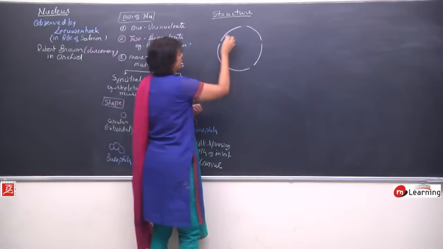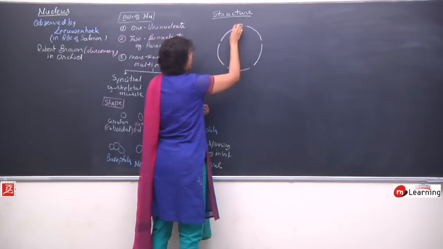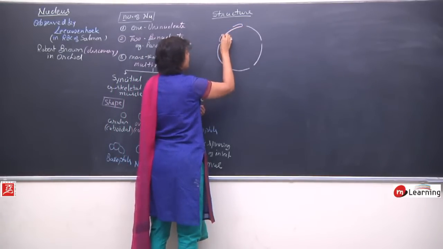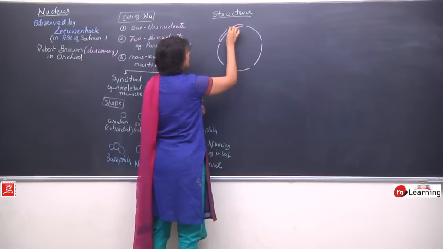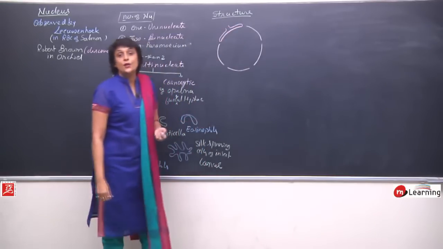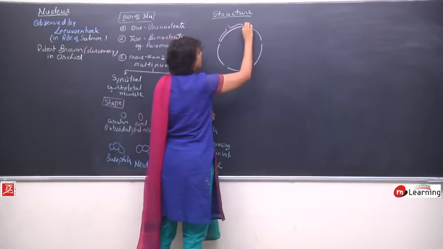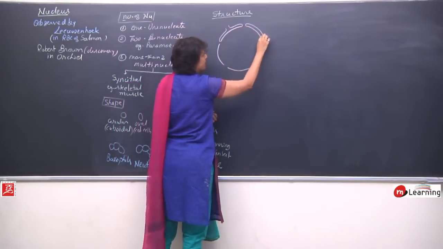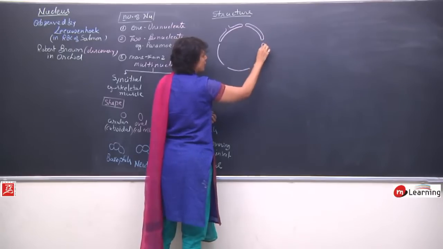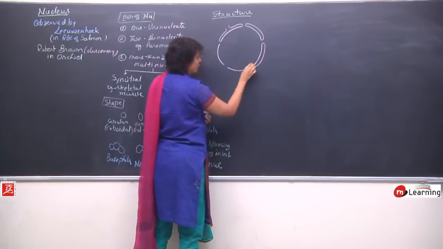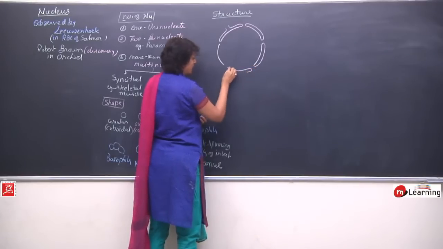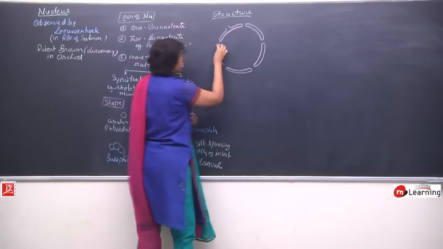And at some places we find that this nuclear membrane is in continuation with endoplasmic reticulum. We may not find this connection everywhere, but there are places where we find this extension of nuclear membrane into endoplasmic reticulum.